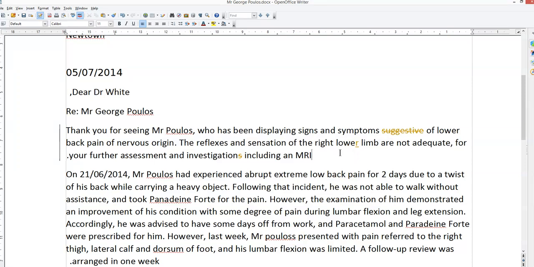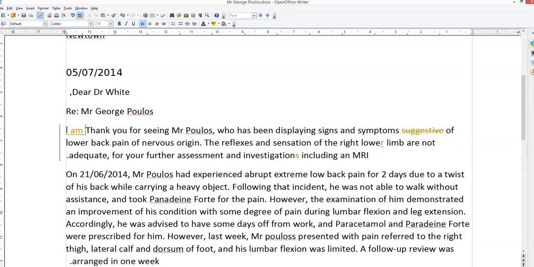I'm writing to request an MRI and advice on possible surgery for Mr. Paulus, who has lower back pain. Right? I'll even type it out.